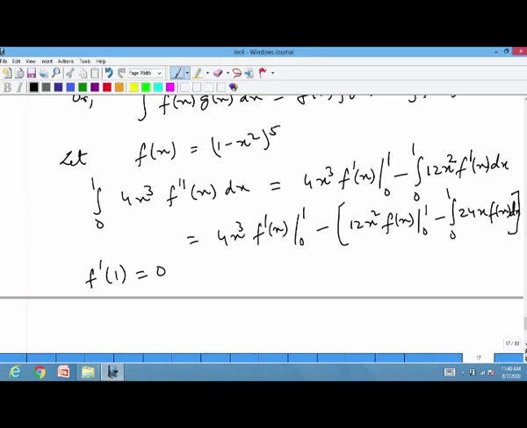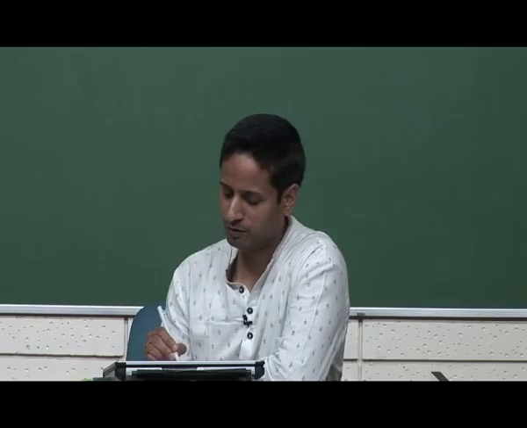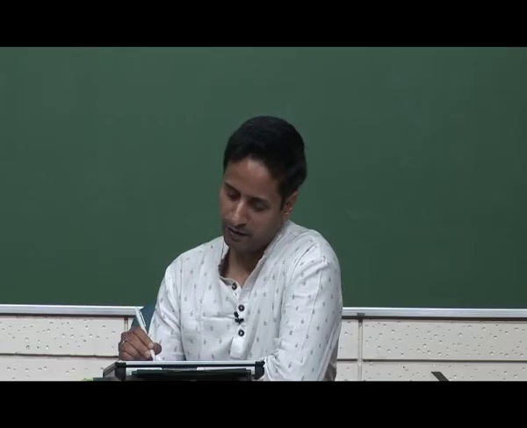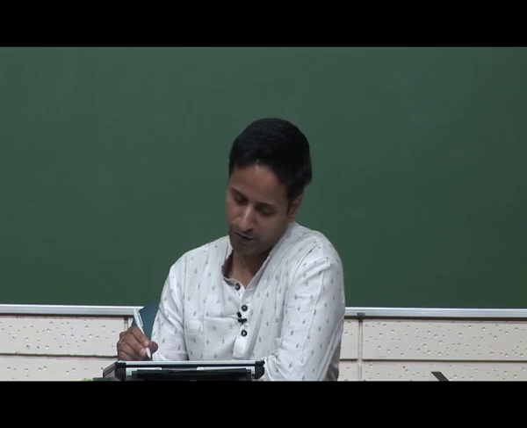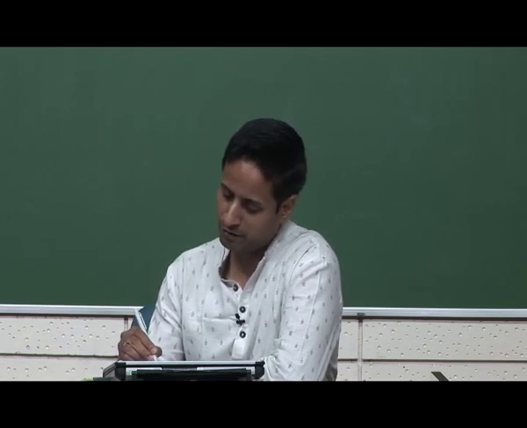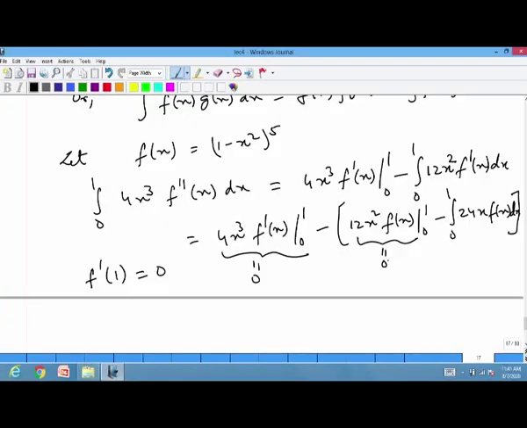Or you can notice that x equal to 1 is a repeated root of this function f of x, and therefore f prime 1 must be equal to 0. So this part is equal to 0 at 1, and at x equal to 0 we have the 4x cubed term, so this is 0. Similarly, f of 1 is also 0. So this part is also equal to 0, because f of 1 is 0 and at 0 we have the x squared term.